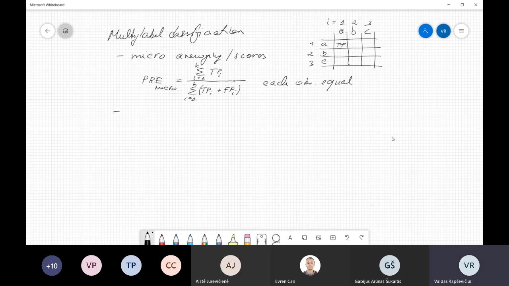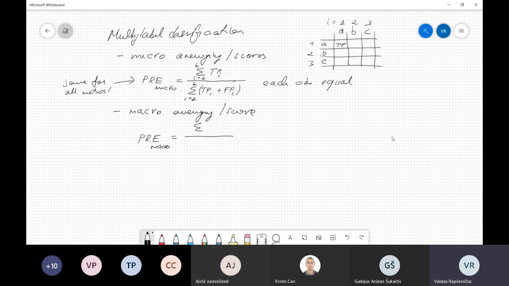The other possibility is to use macro averaging, or macro score, where we take, for instance, precision. I'm just showing an example; it is the same for all metrics. Macro averaging is just an average of scores.